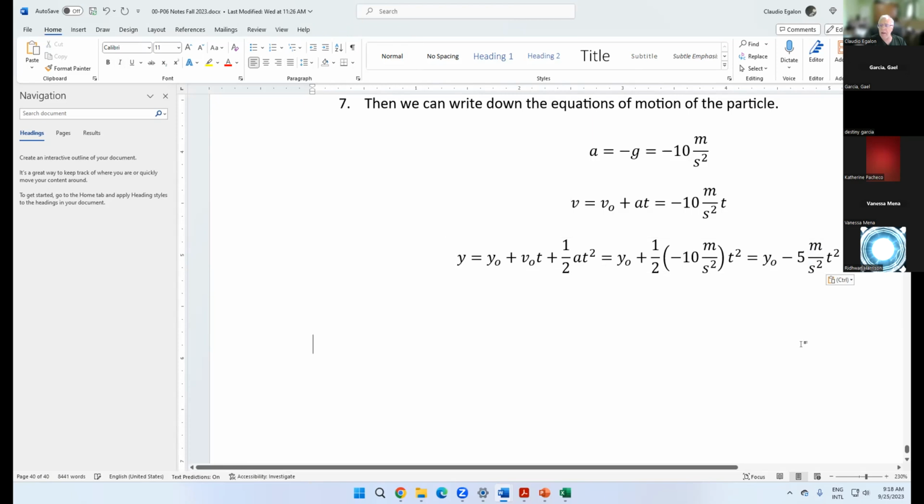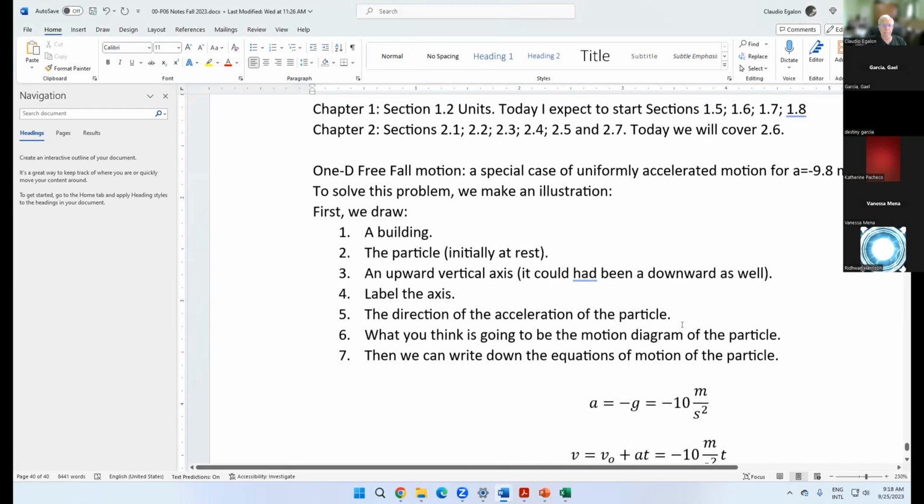I still didn't give you a value for y naught, but let's say y naught is 20 meters. Suppose you're at the top of a building, that y naught is 20 meters.